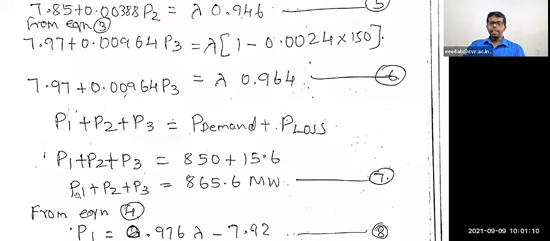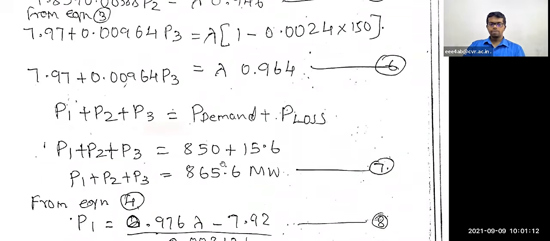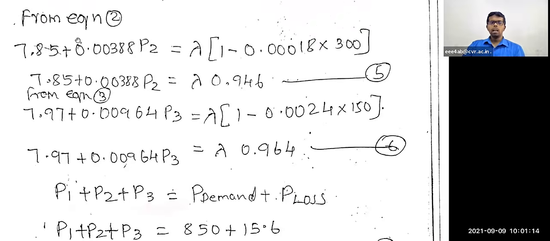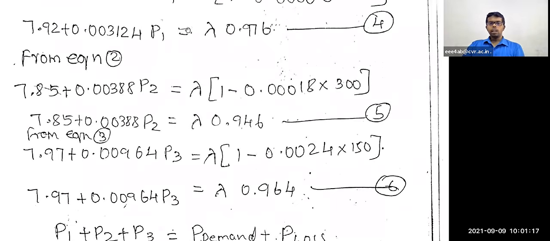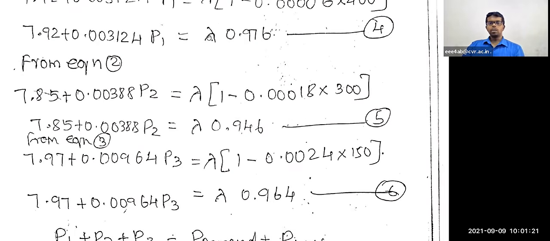Next, from equation number 4, we take P1 outside. So P1 is equal to 0.976 lambda minus 7.92, divided by 0.0031. Similarly, we take out P1, P2, and P3.